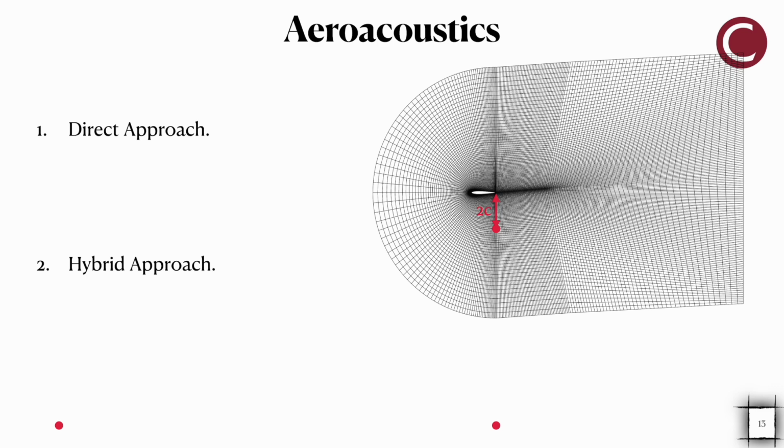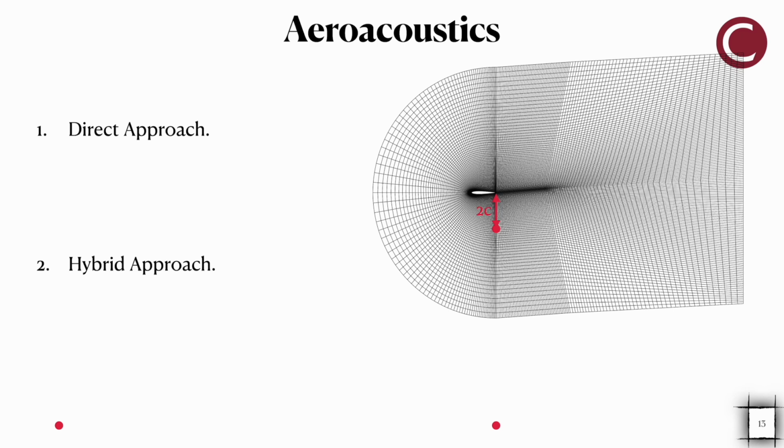That means that we have to have a huge computational domain in our CFD simulation that contains that observer point. So the direct approach is really good for near field analysis, but not for the far field, because the computational cost will increase significantly. That's where we need to use the hybrid approach.